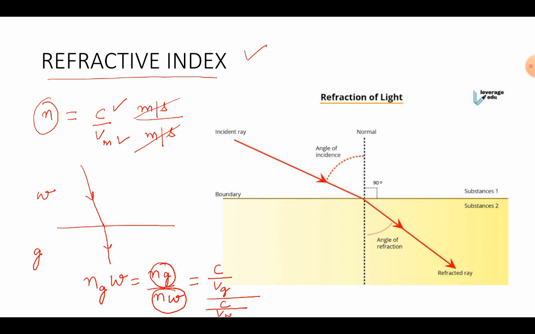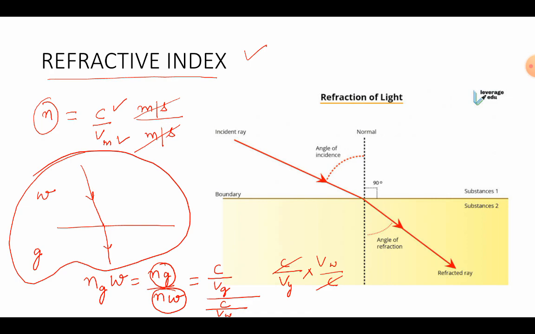Now when we solve it further, we get C upon Vg into Vw upon C, and C and C cancel out. So in this particular case where the light was traveling from water into glass, the refractive index of glass with respect to water is the ratio of speed of light in water to the speed of light in glass. So this is how we get the formula for the relative refractive index.